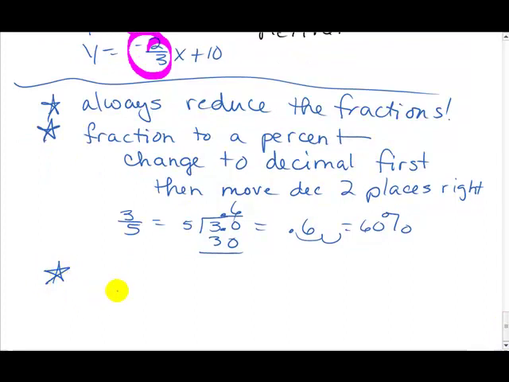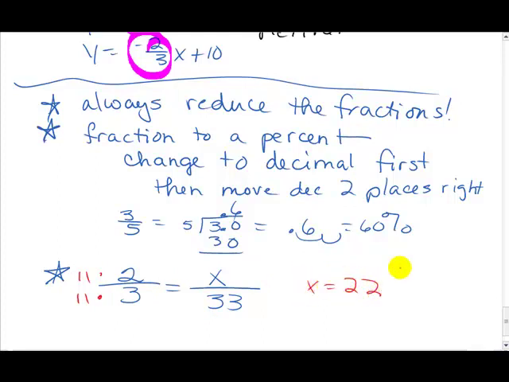Something else that you want to remember is when you have a fraction and you set it equal to another fraction and perhaps you have some missing information. So you don't know this number. Remember, we're just making equivalent fractions. So it's times 11 to get this number. So we would do the same thing here so that x would equal 22.